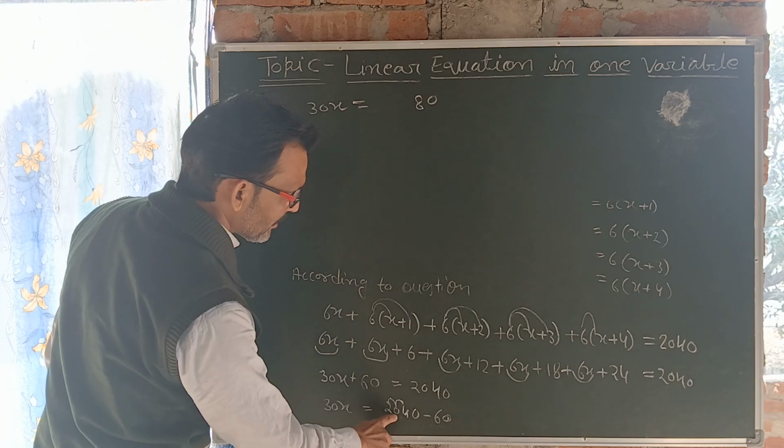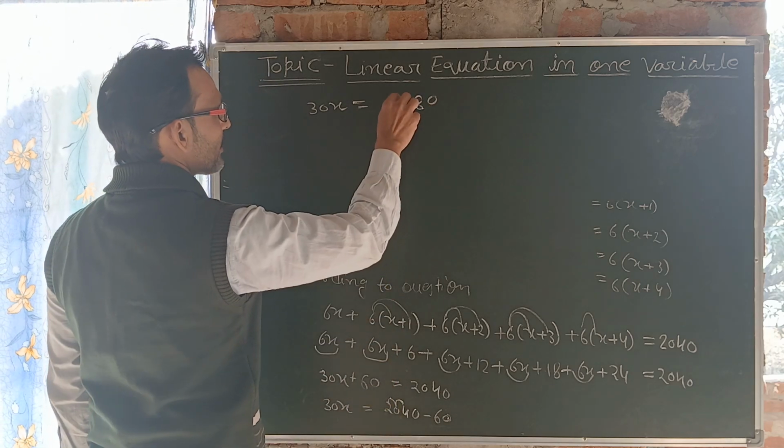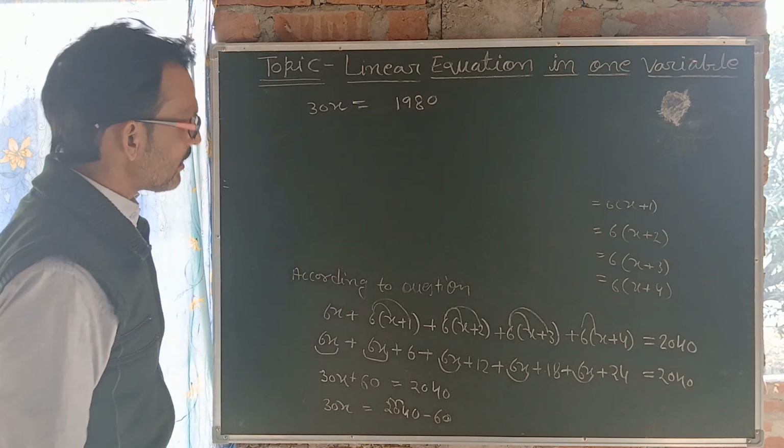Here it will be 9, and from here I already took 1 carry, so it will be 1980.